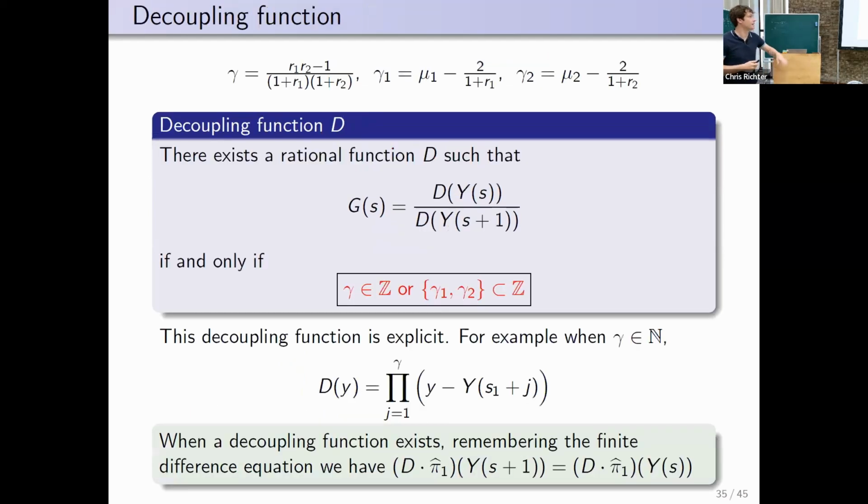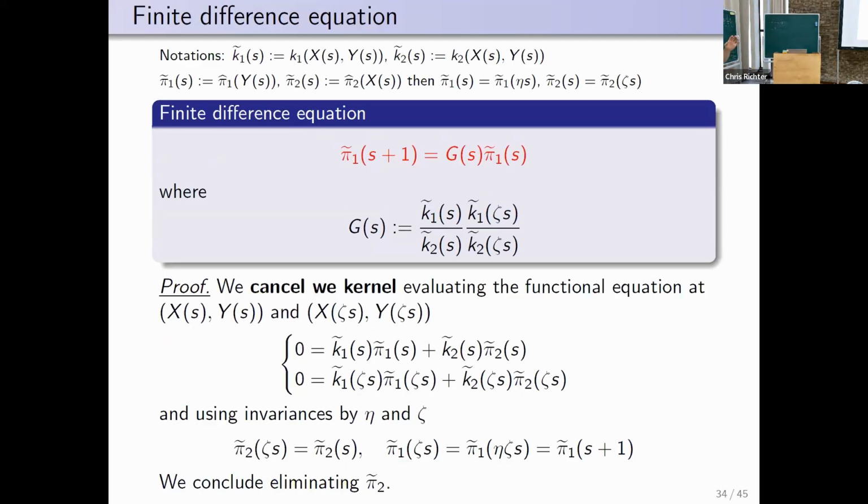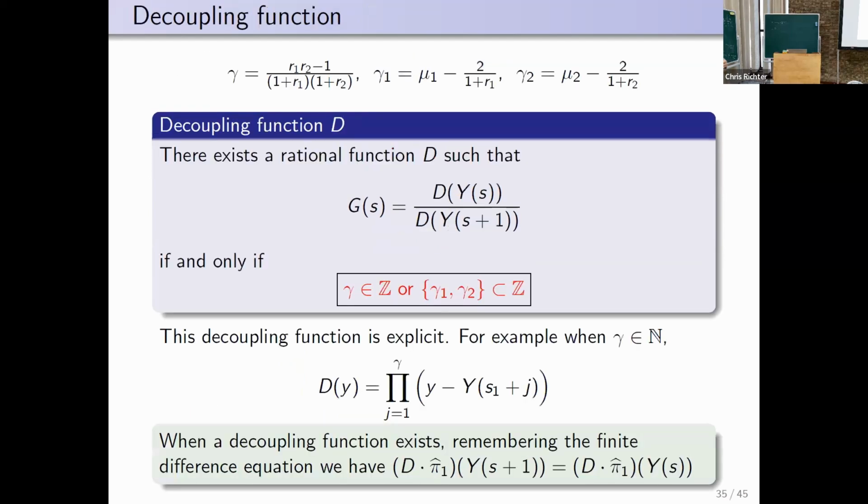Okay. So now this equation is beautiful, but we can make it more beautiful. We would have preferred not to have a j, to just have a periodic function, because periodic functions are really simple. So we will try to factorize the function j in some sense to obtain what we call a decoupling function d.